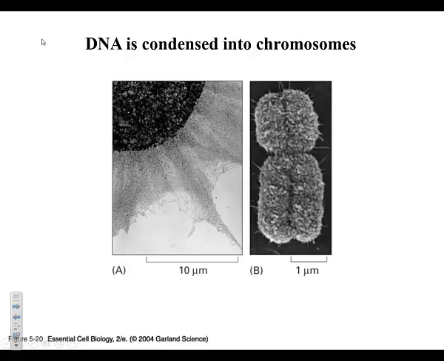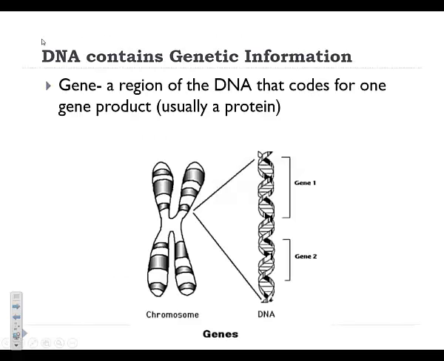Okay, so here are a couple images to go with what we just talked about. It's condensed into chromosomes. Within the chromosome, when you stain the chromosomes, you can see a banding pattern that accounts for different genes on the different alleles.